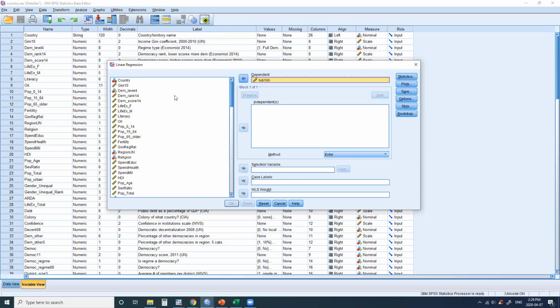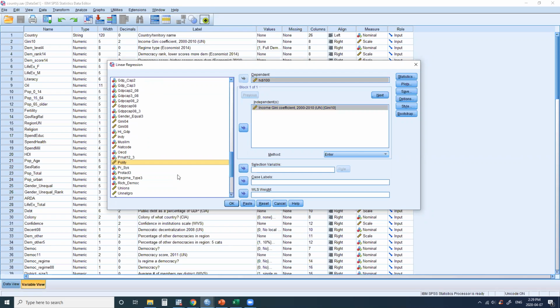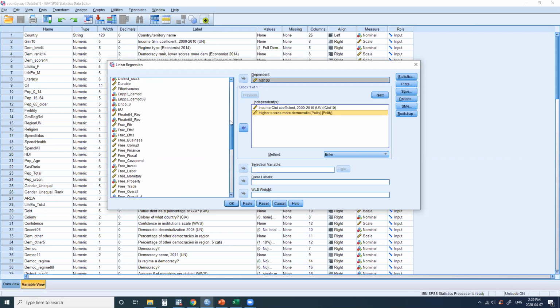And our independent variables, Gini 10 is at the very top of the variable list there. And then we're going to look for POLI. That's with the P's. So POLI, we'll move that over. And durable should be up with the D's. There you go, durable, in between district size and effectiveness.